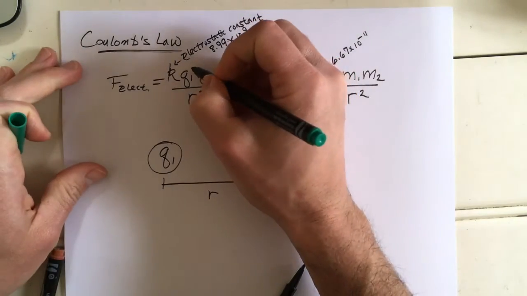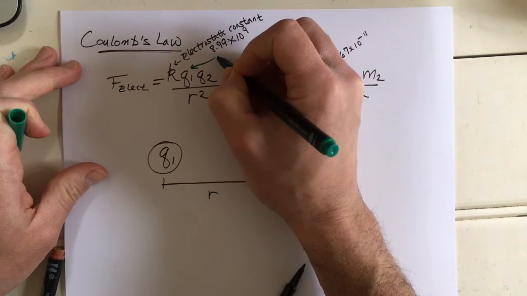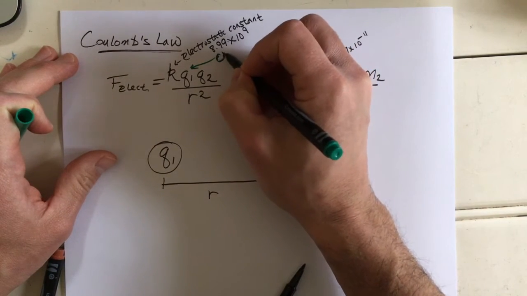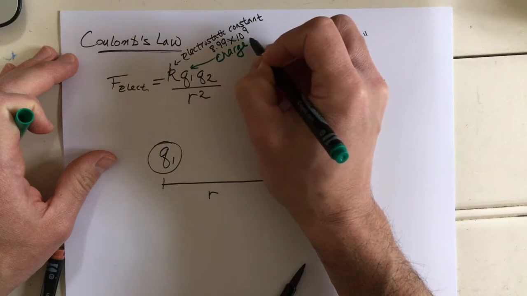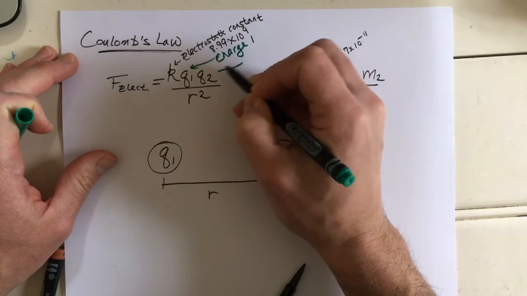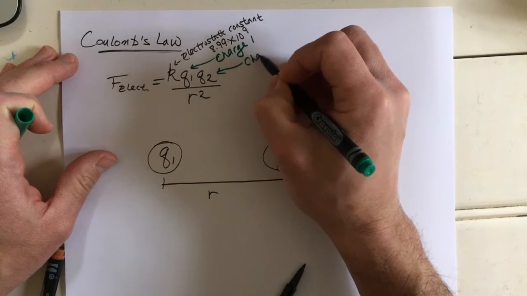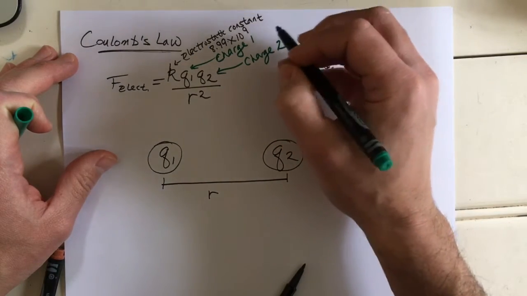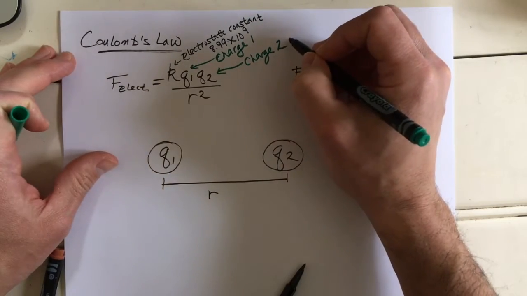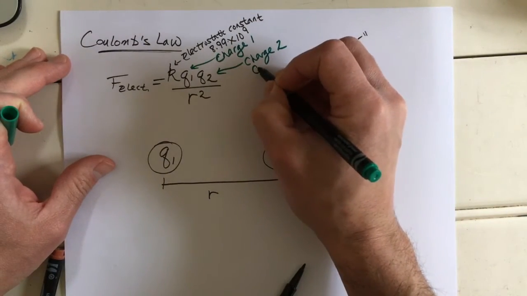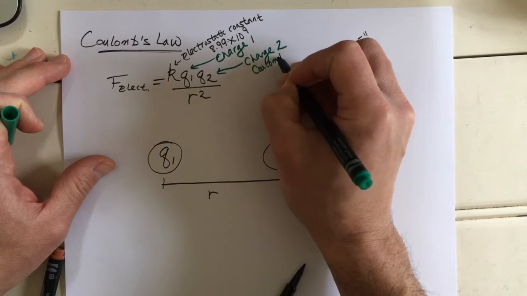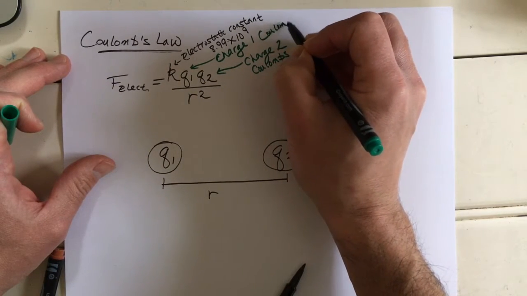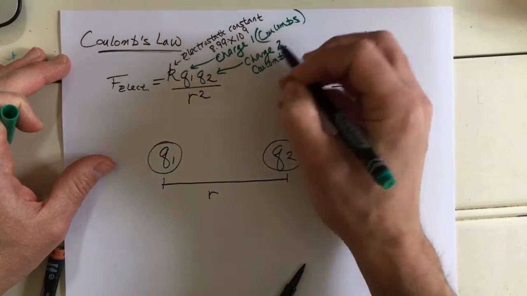q1 is going to be the charge one in coulombs. These are going to be particle charges. And this is going to be charge 2, in units of coulombs, capital C. I'll just write coulombs, maybe put a parenthesis around it.